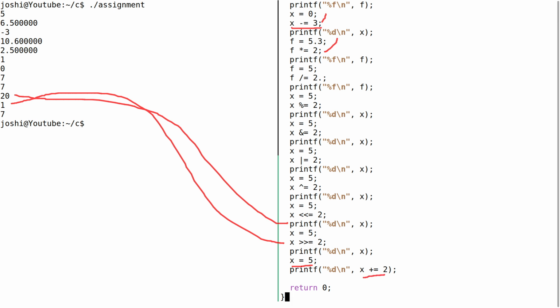I can write it here itself, because what would happen? x plus 2 would be computed, and that value would be assigned to x, and that value comes here. It replaces this statement here. So it would print the same value, which you can see here, 7, isn't it?